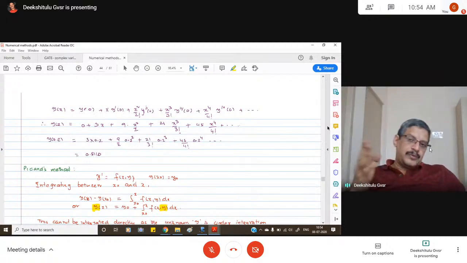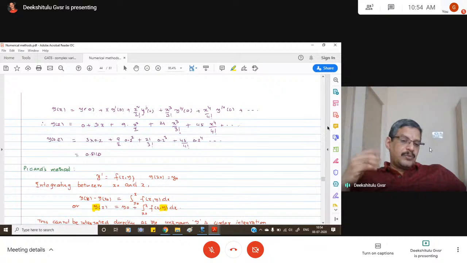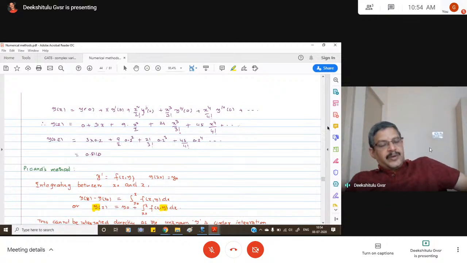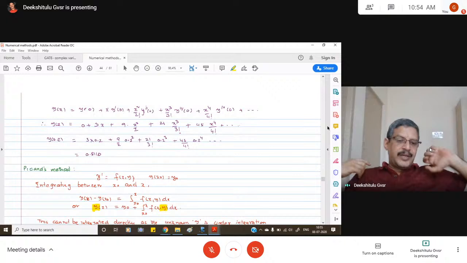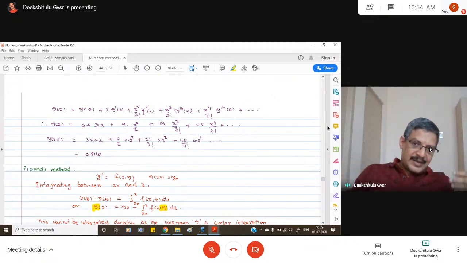Up to 1 we get 10 values, like that up to 10 we get 100 values. So how many times do you have to calculate this? With h equal to 0.1, the second point is 0.2, 0.3, 0.4, and so on. So we have 100 values of x, and you get y at xi at all different points.